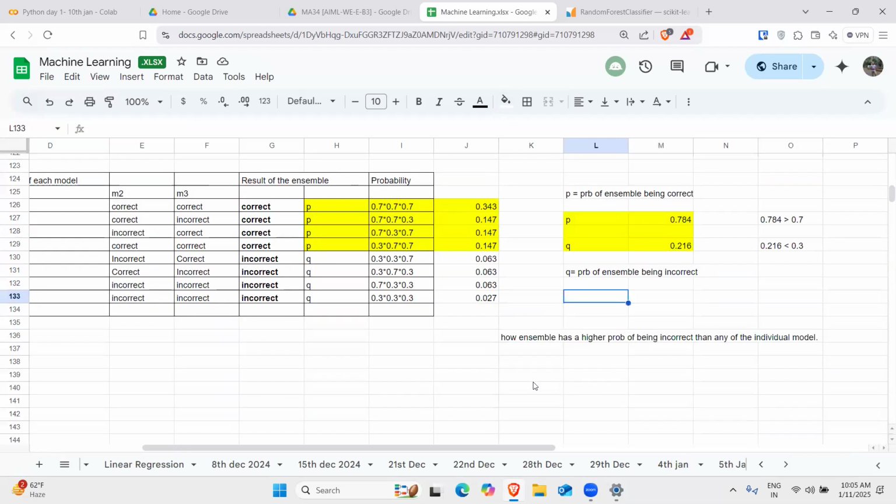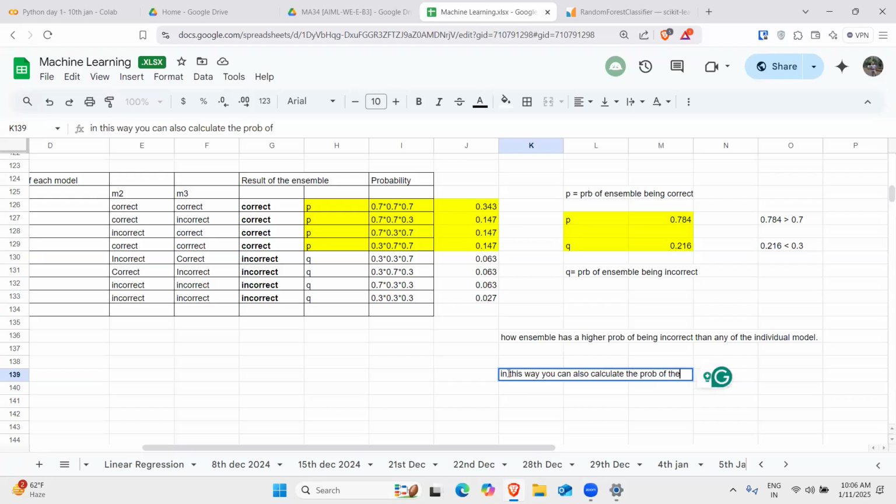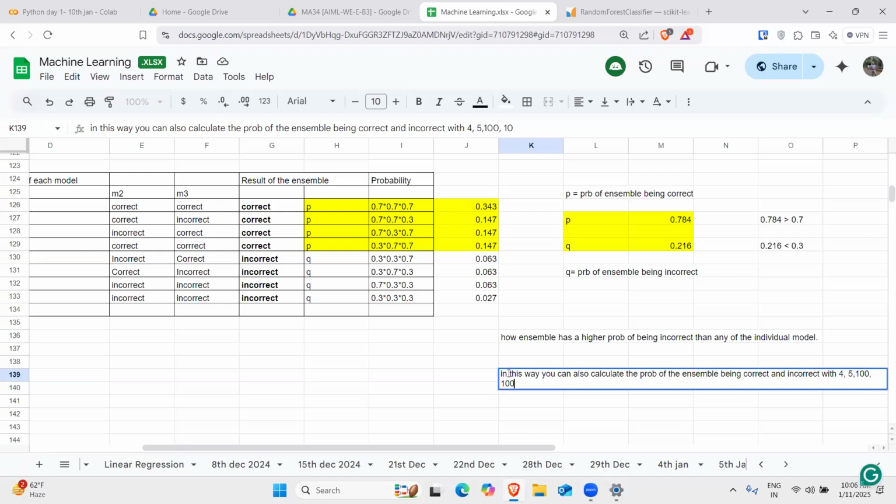If you do this scenario again, in this way, I'll write it down over here, you can also calculate the probabilities of the ensemble being correct and incorrect with N number of samples, whether 1,000 or 1 million individual samples or models.